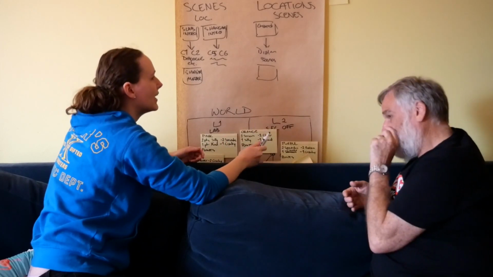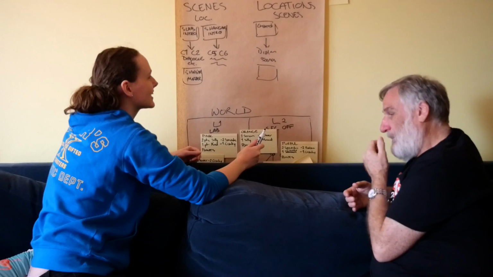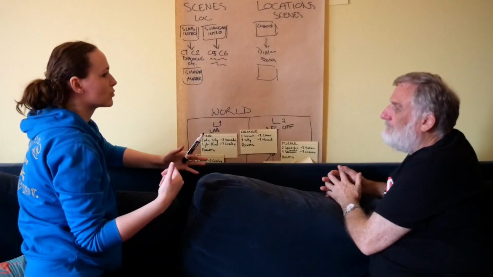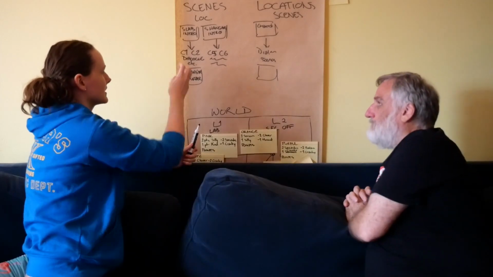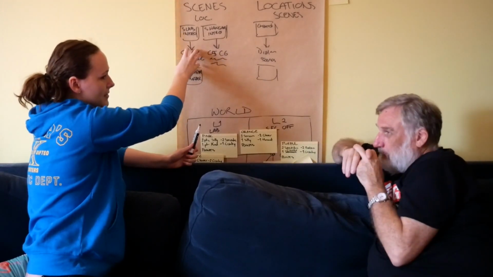Okay, but it just seems like it's dividing it into more pieces, if that makes any sense. So this one is like, this is a scene, preset characters, blah blah blah.